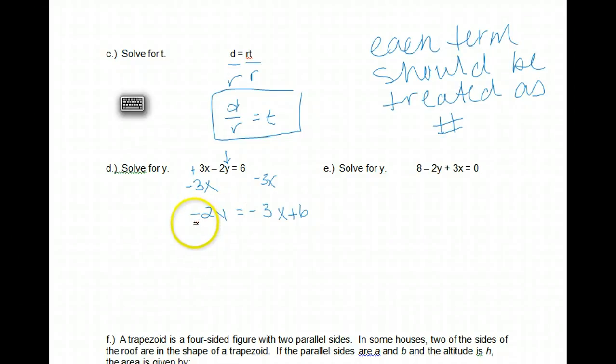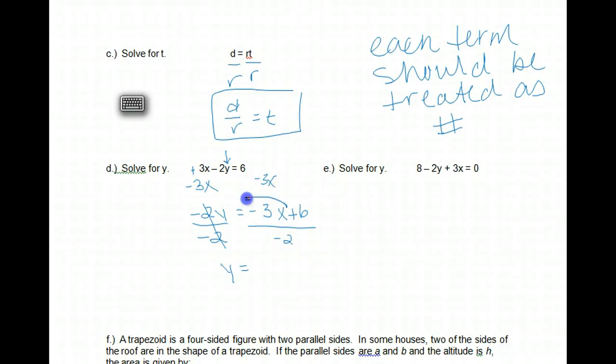Lastly, we have -2 times y. To undo multiplication, we divide. Note that I divided my whole right side by -2. I drew one big fraction bar. On the left, my -2's cancel, and y is isolated.